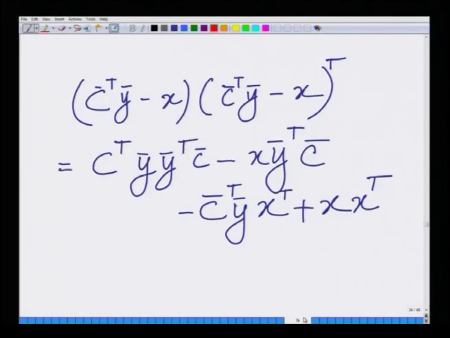We will start looking at this product, (c transpose y minus x) times (c transpose y minus x) transpose, that is, this is nothing but (c transpose y minus x) whole square. We said this is given as c transpose y y transpose c minus x y transpose c minus c transpose y x transpose plus x x transpose.